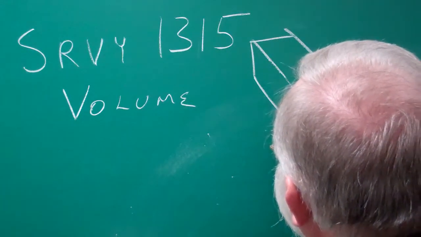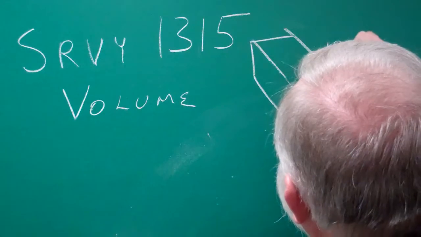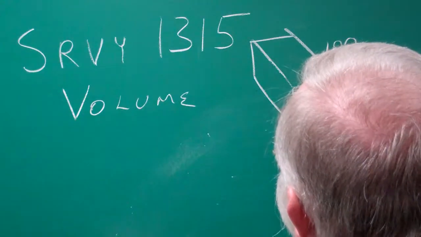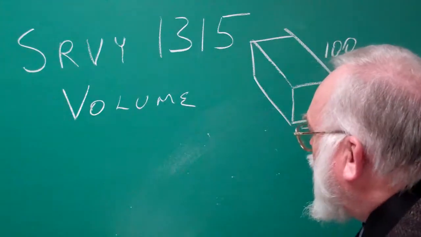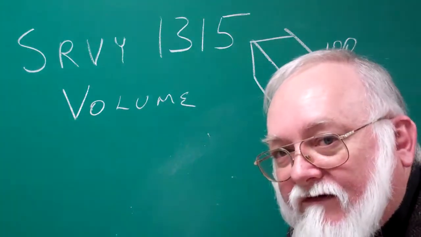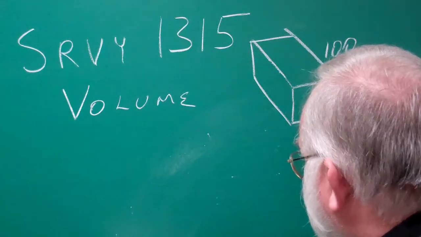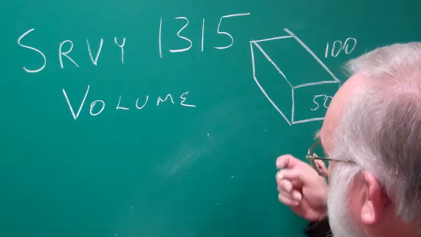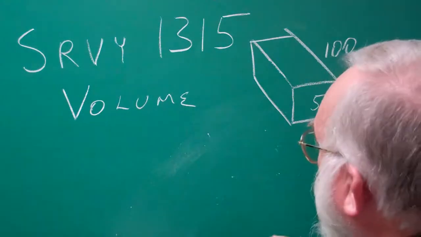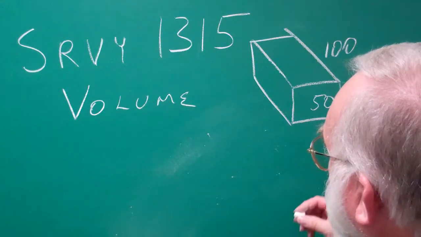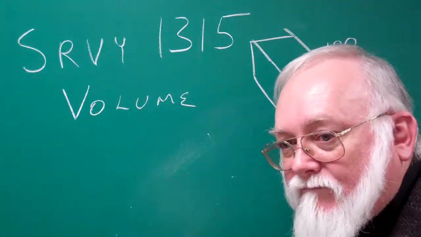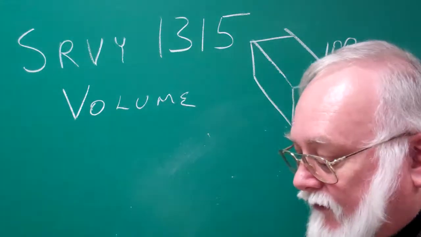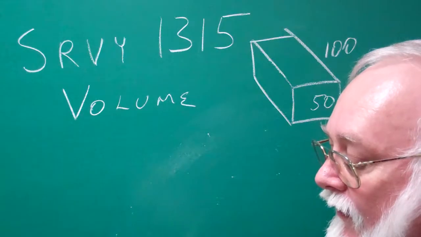So if this is 50 and that's 100, it's 5,000 of whatever unit of measurement. If your unit of measurement is cubic yards, you simply divide by 27. It's not rocket science, it's not complicated. Don't try and make it complicated.